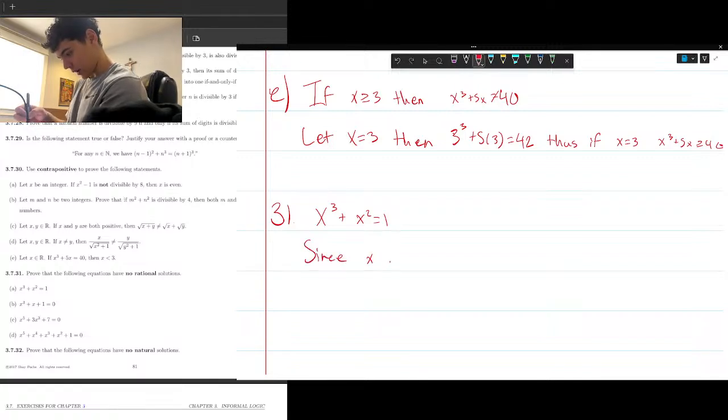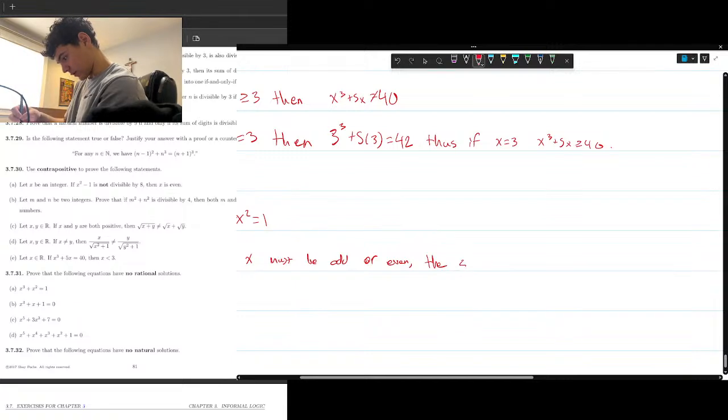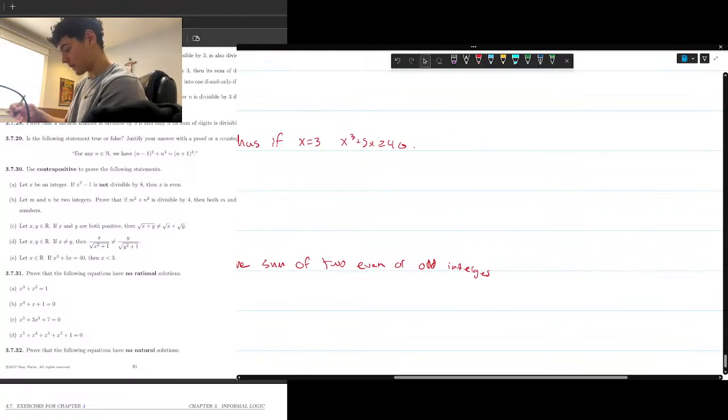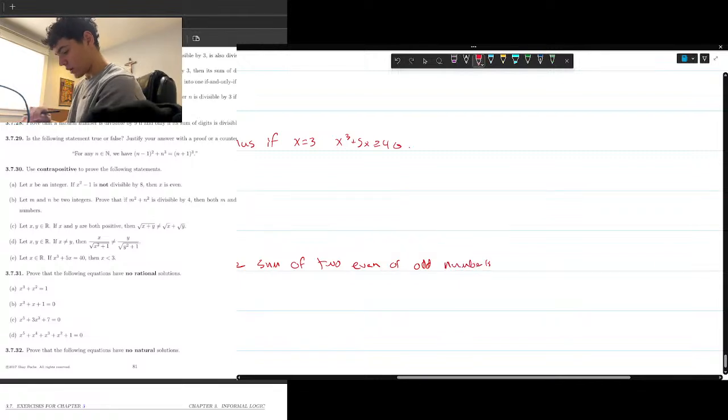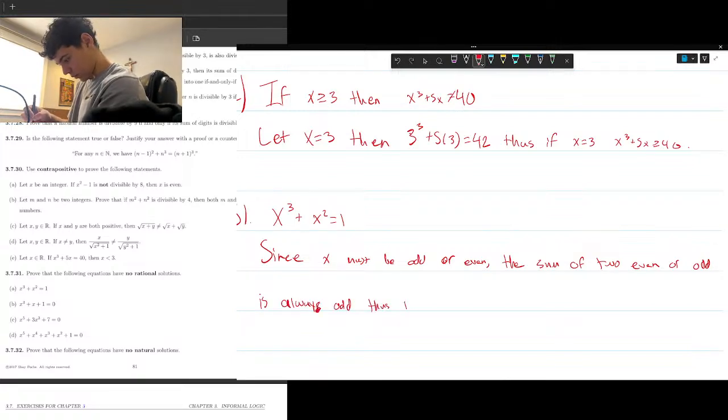Since x must be odd or even, the sum of two even or odd integers, I have to put numbers because it's rational solutions, is always even, sorry.